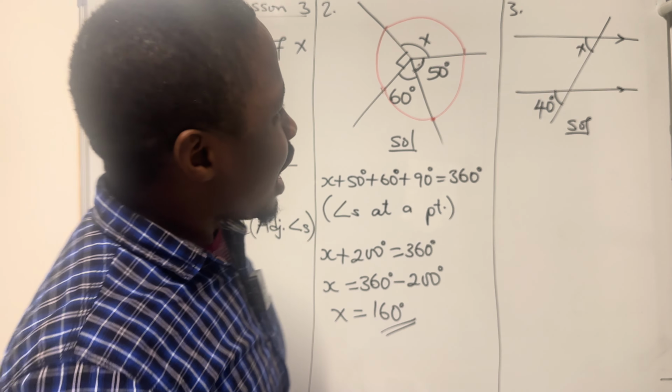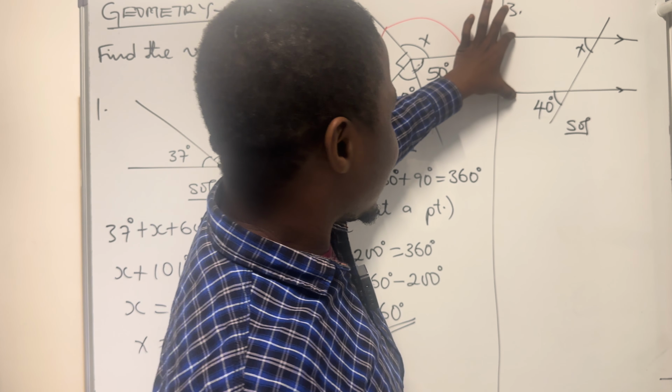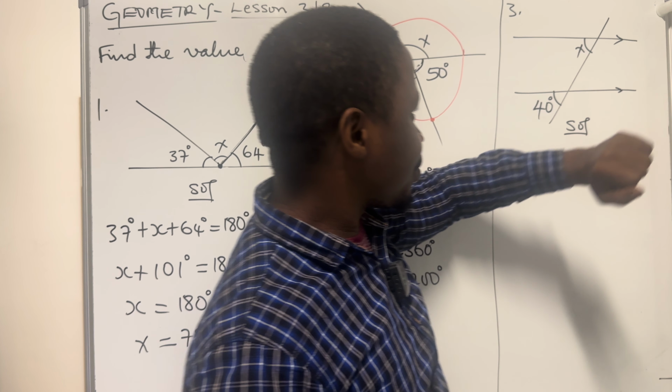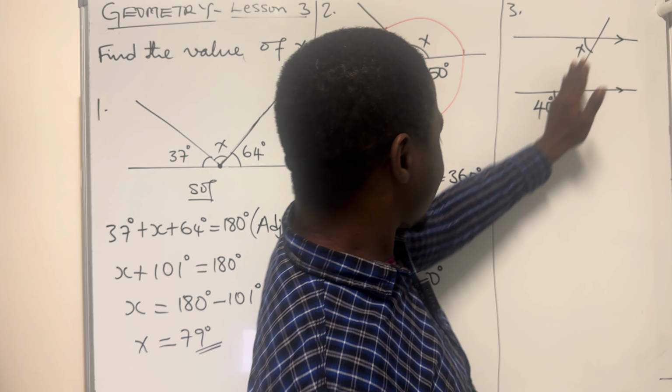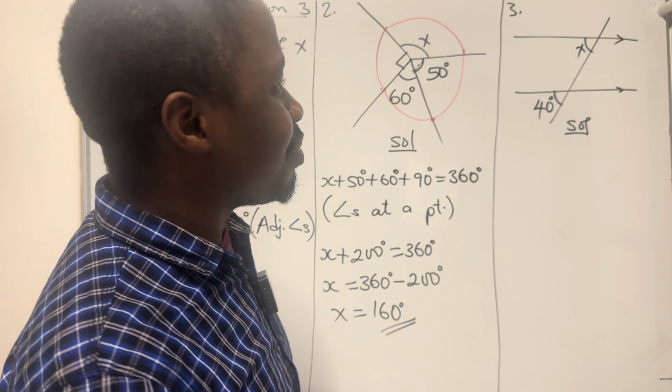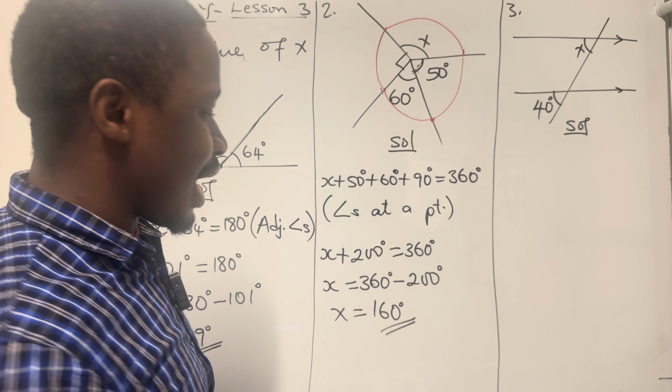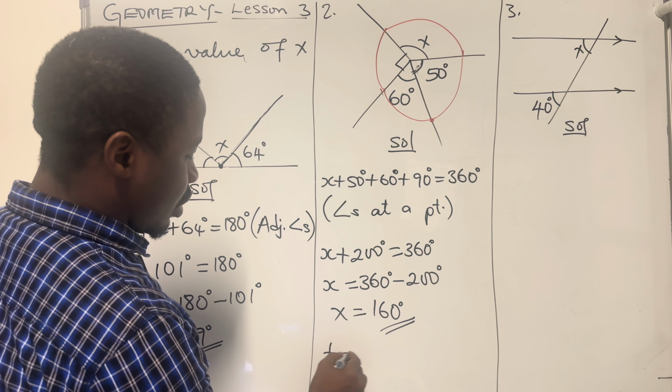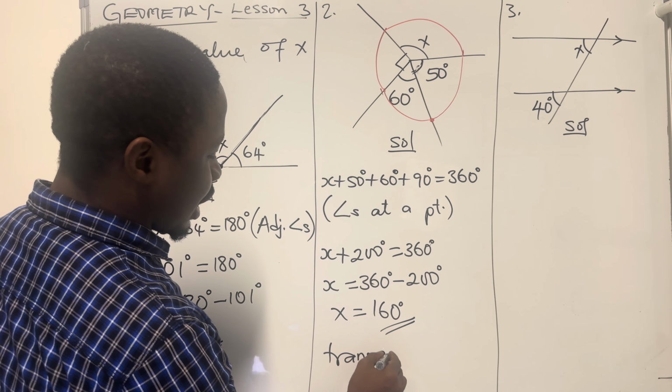Okay, whenever we have a set of parallel lines and a line crosses those two parallel lines, that line has a unique name we call transversal line. It is called transversal line.